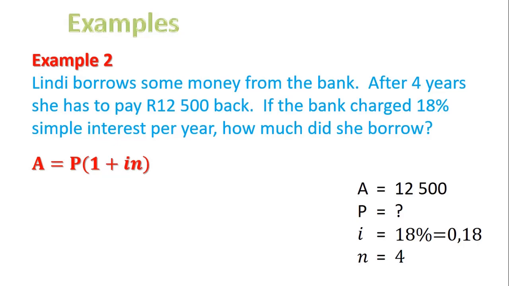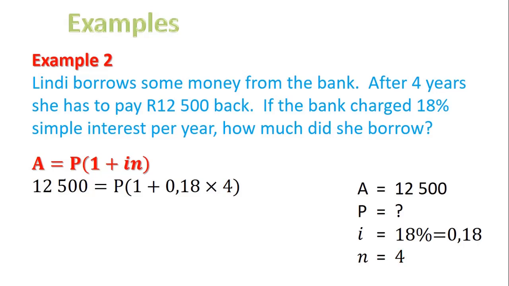Well, we've got A, it's 12,500, and so we write it down, equals, my P is what I'm looking for, so I leave the letter P there, open brackets, 1 plus, my interest rate is 0,18, times N, which is 4, close bracket.